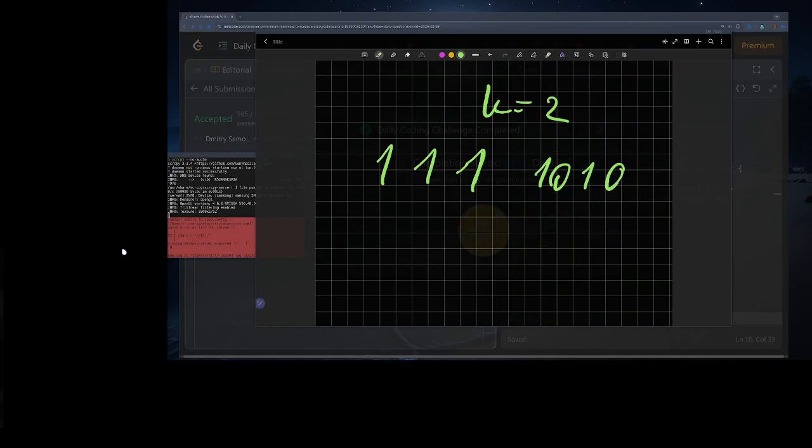So the minimum is 1, the maximum is 10, and minimum times k should be no less than, so it's like this. So we can remove either 3 ones or 2 tens because they are not matched together.